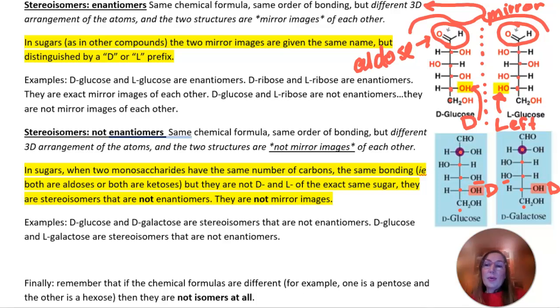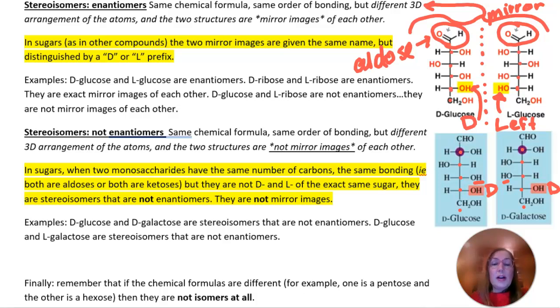So when they're both on the right, or both on the left, these are not mirror images of each other. And then we have our aldehyde at the top, of course. So these are sugars that are stereoisomers because they have the exact same chemical formula and the same order of bonding, but they have a different 3D arrangement that isn't mirrored one to the other.